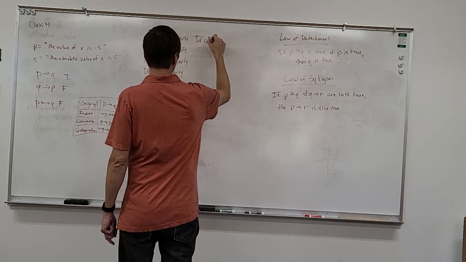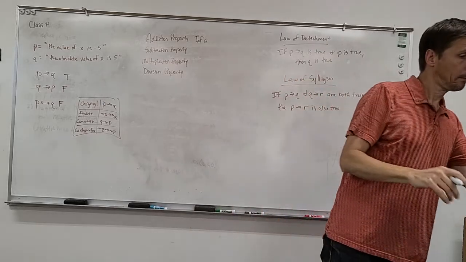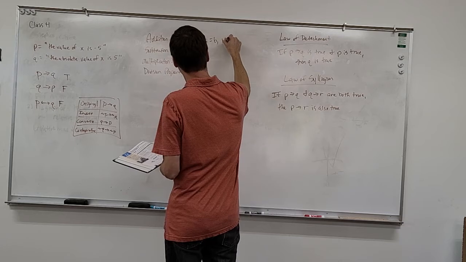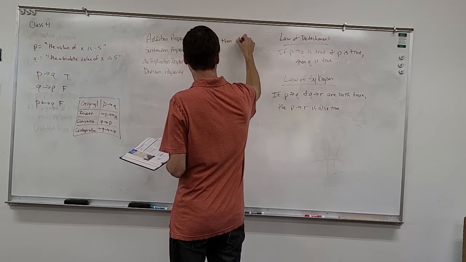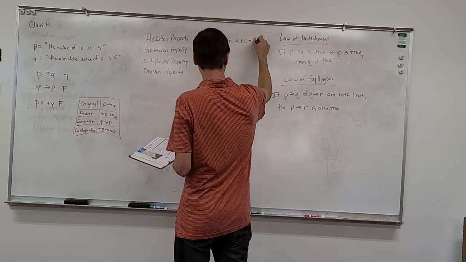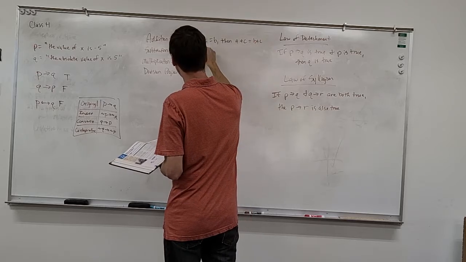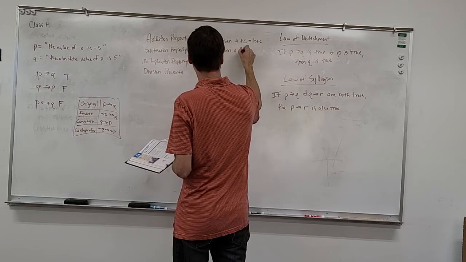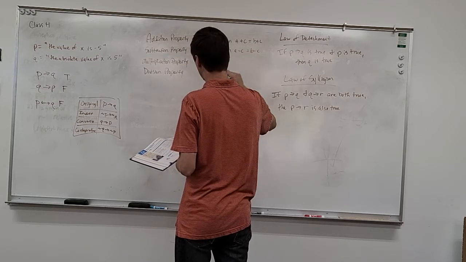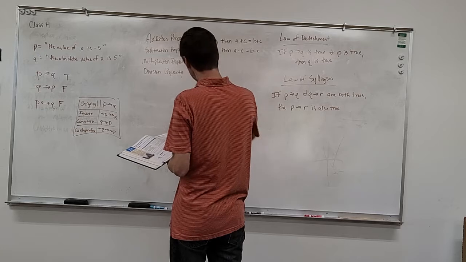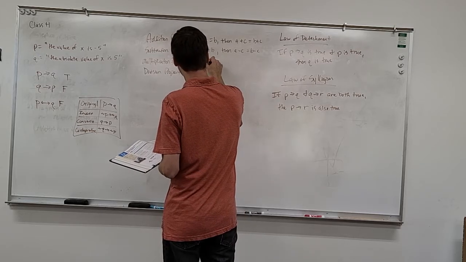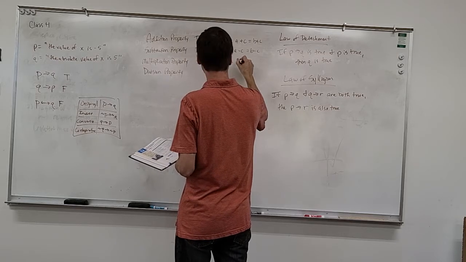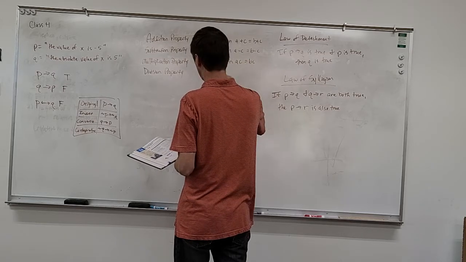If A equals B, then A plus C equals B plus C. And we could say the same thing with subtraction. If A equals B, then A minus C equals B minus C. And we could say if A equals B, then AC equals BC.